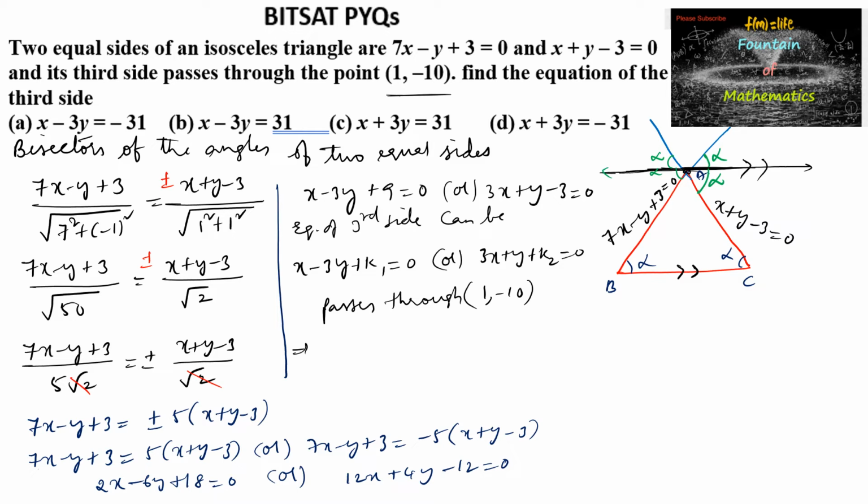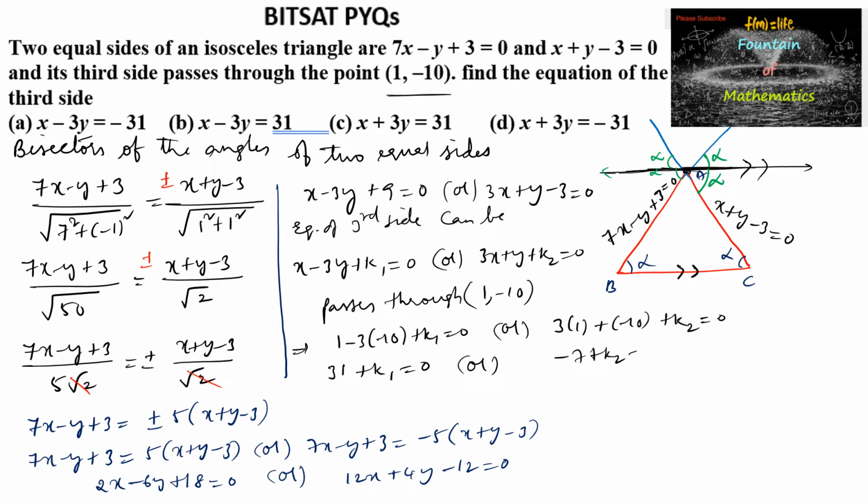this implies 1 minus 3 times minus 10 plus k1 is equal to 0, or here we can write 3 times 1 plus minus 10 plus k2 is equal to 0. So that is 1 plus 30, that is 31, plus k1 is equal to 0. And here 3 minus 10, that is minus 7, plus k2 is equal to 0. So k1 is equal to minus 31, which implies the equation can be taken as x minus 3y minus 31 is equal to 0.